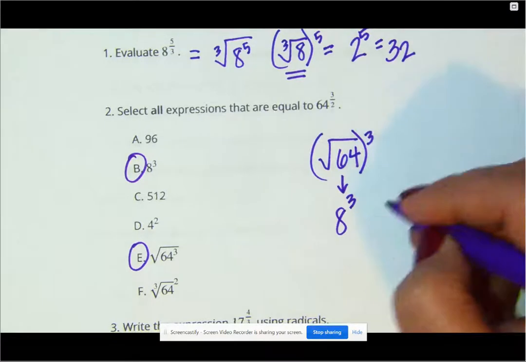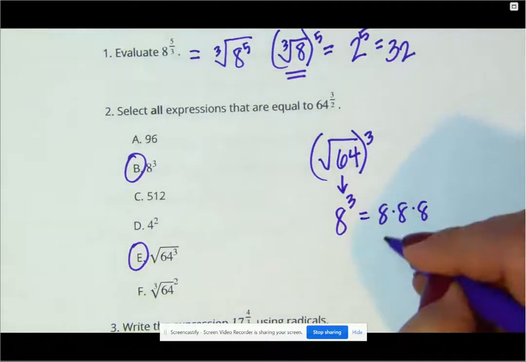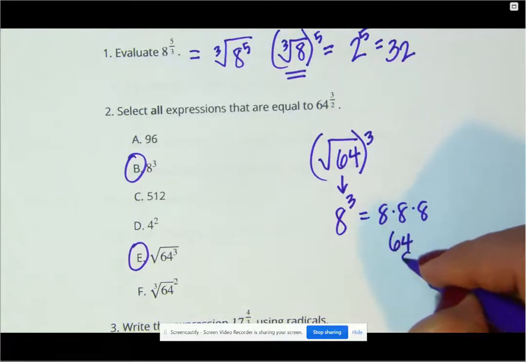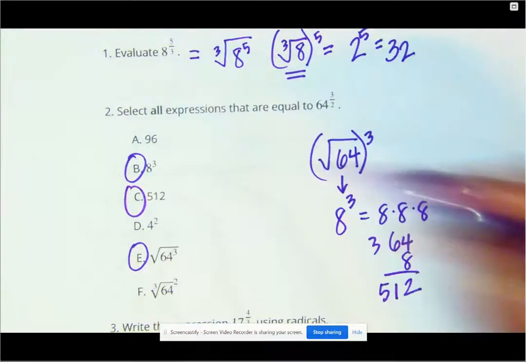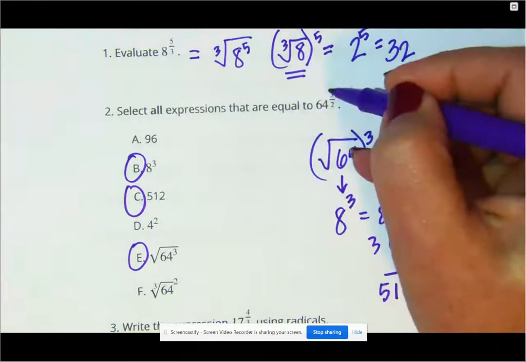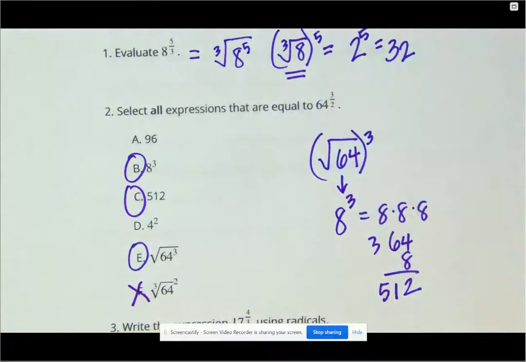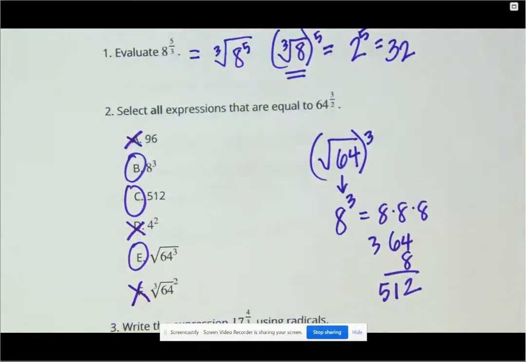And now what is 8 times 8 times 8? I can do this without a calculator. That's 64, and 64 times 8 is 512. Okay, so this has these two backwards. Definitely not 4 squared. Definitely 96.